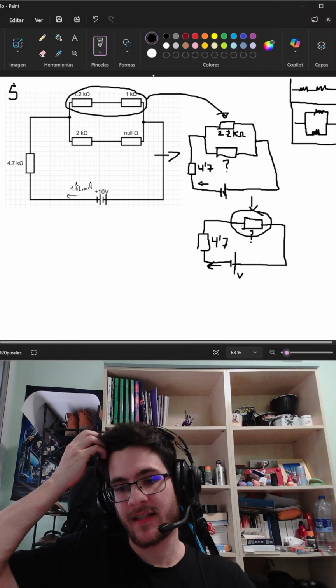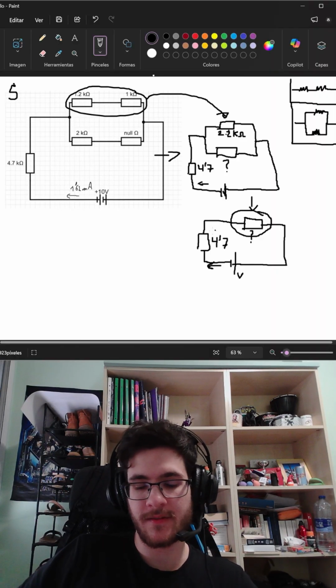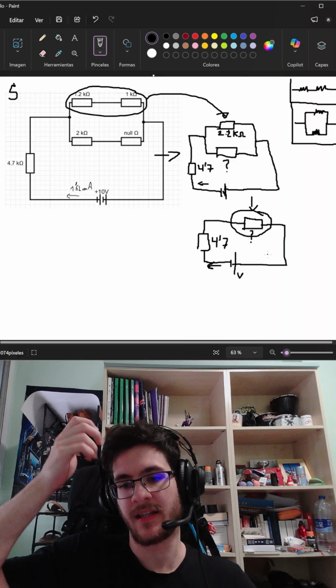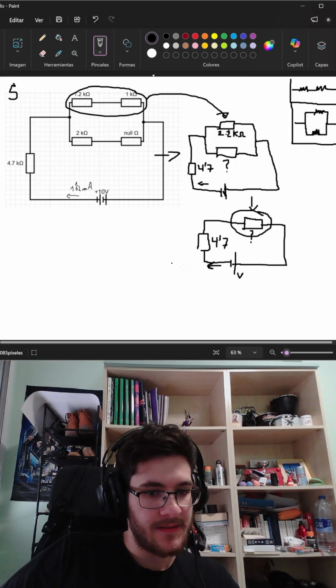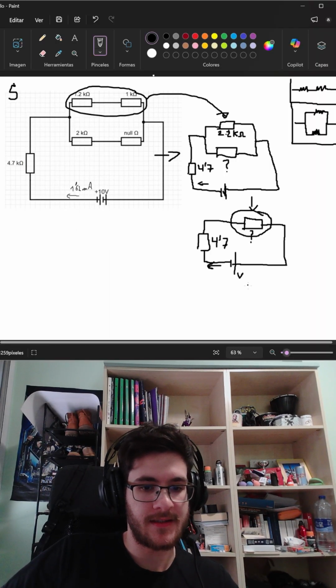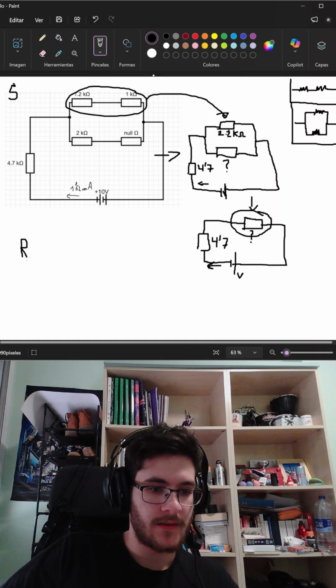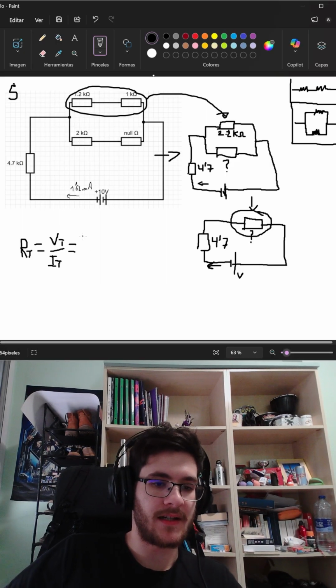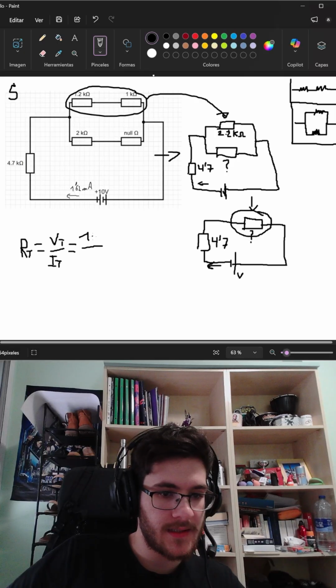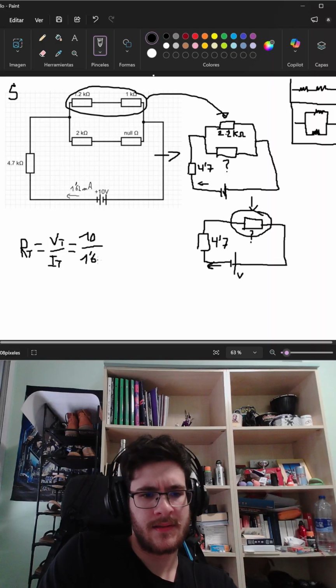It's an exercise that you must know how to do perfectly because we did it in the last exam and I explained it a lot of times. To know that, just calculate the total resistance by doing total voltage divided by total intensity, which is 10 divided by 1.6.